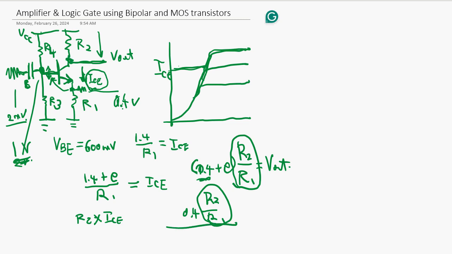This is the DC voltage, but the AC voltage is amplified.